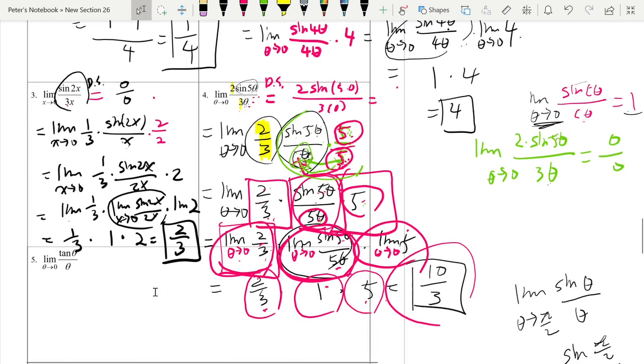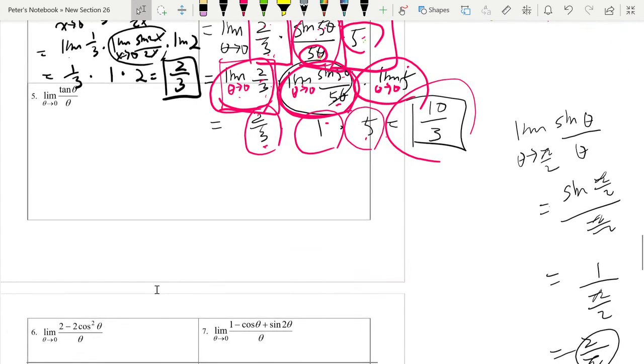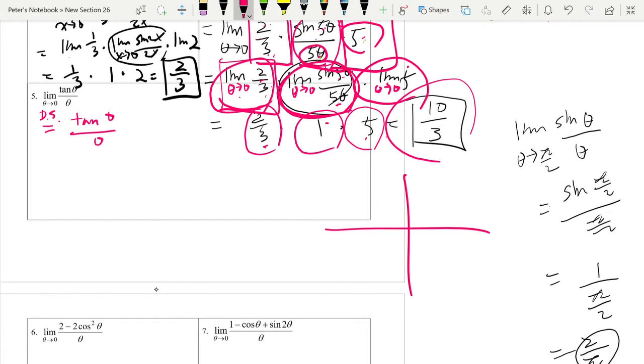Number 5 is, so we might have to first of all do a direct substitution, right? So that will give you tangent of 0 over 0. And tangent of 0, again, you have to use a unit circle. Right? And the 0 is here, (1, 0).